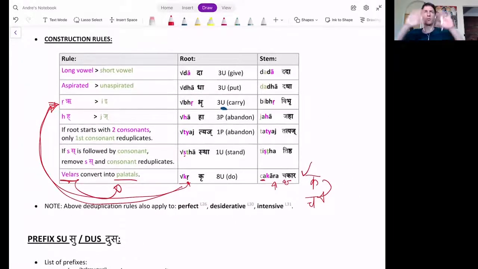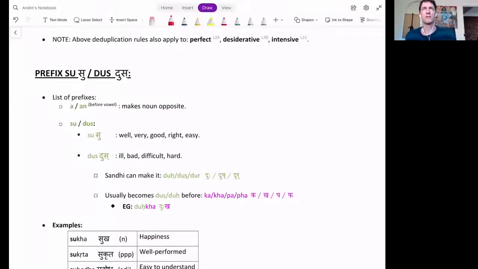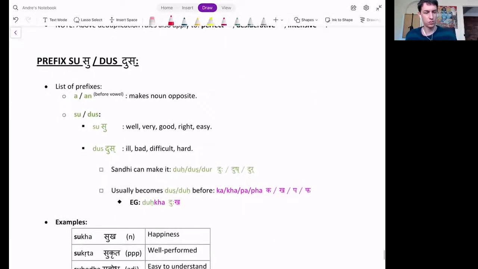So what we've seen so far are rules on how to arrive at these reduplicated forms, that means the beginning ones, the ones that are not bolded. Let's move on to prefix and suffix. So we're now looking at prefixes. What is a prefix? You attach it at the beginning of a word.